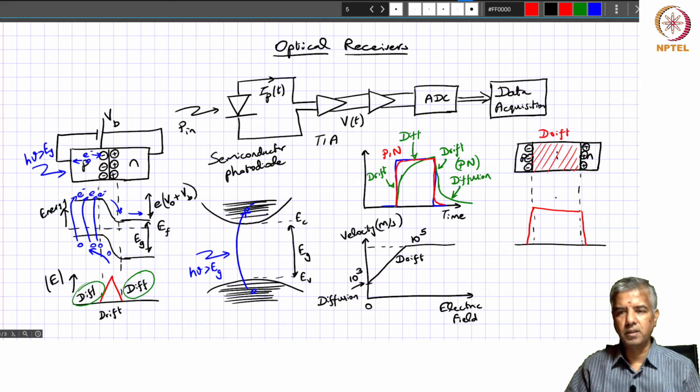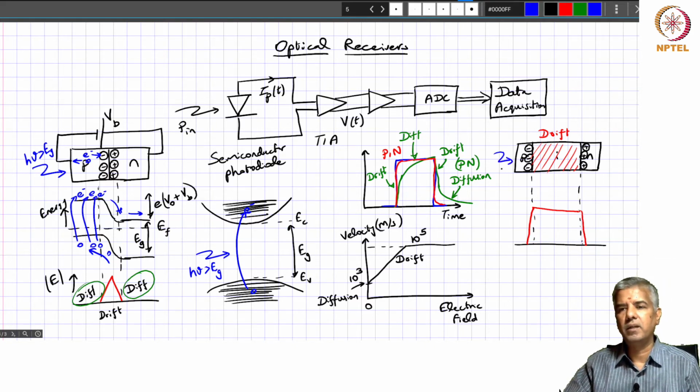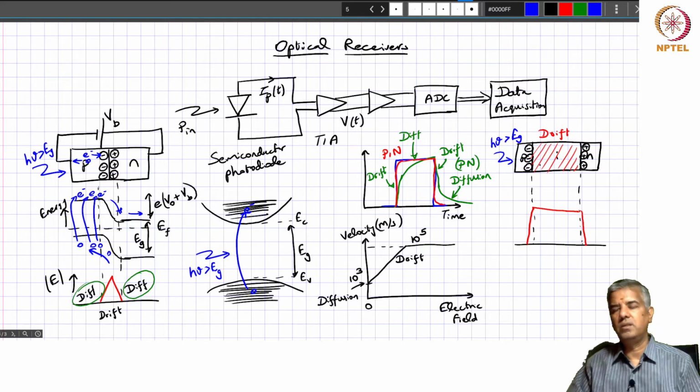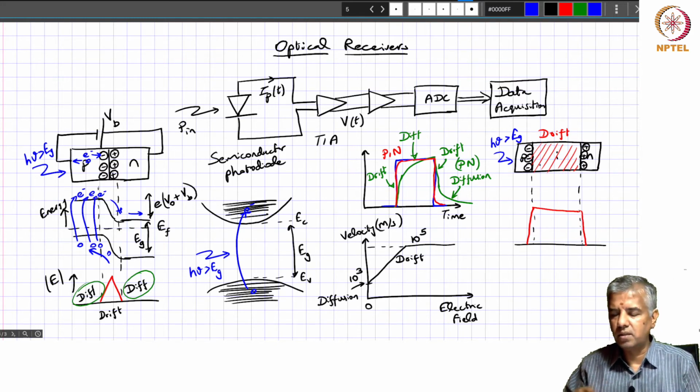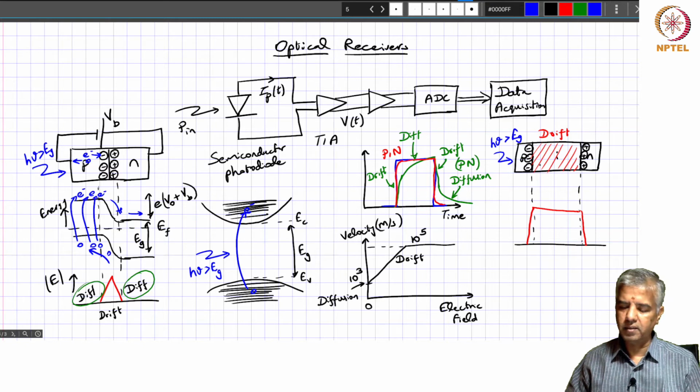So that means that whatever absorption is happening, you have a certain absorption happening across the structure, but most of the absorption is happening within this I region, where h nu is greater than Eg. That's the dominant aspect of the structure, and there it is undergoing drift transport, and because of that you have a relatively faster response in a PIN.